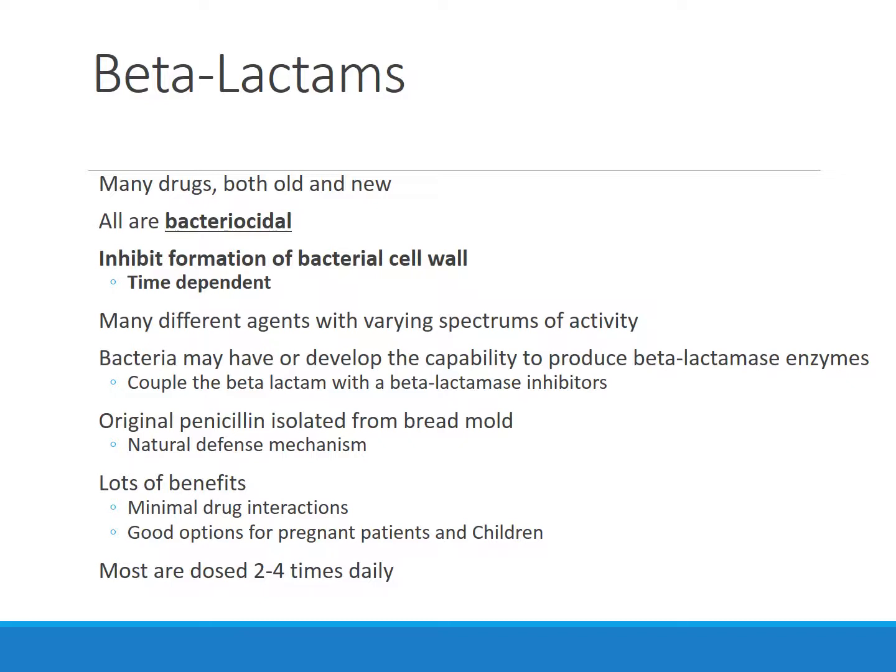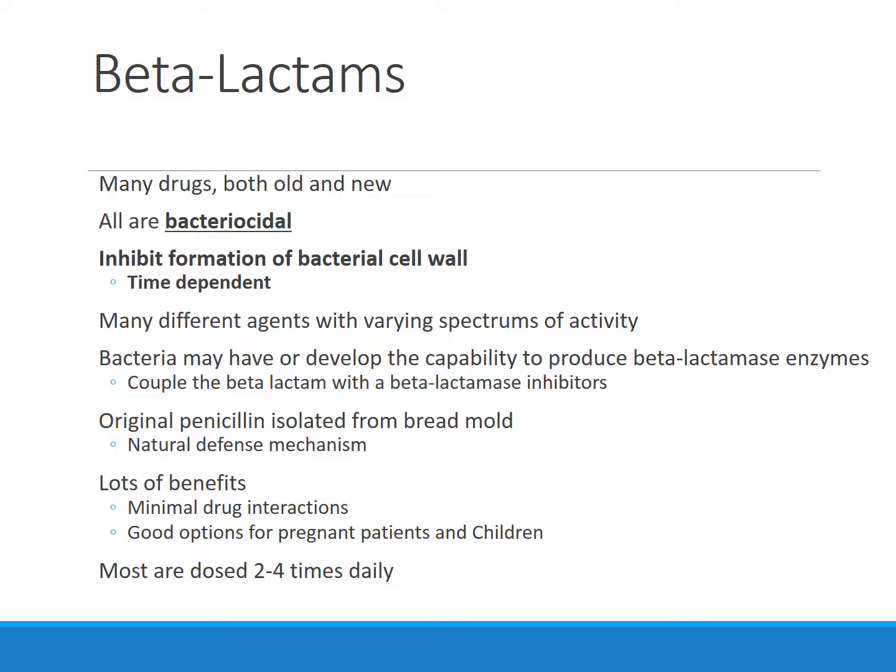Bacteria, whether they have intrinsic abilities to do this or have developed it over time, have the capability to produce beta-lactamase enzymes. And this does what you think it does. It's an enzyme that's specifically designed by the bacteria to break down the beta-lactam ring within the drug. So what we can do is develop drugs that counteract this beta-lactamase.